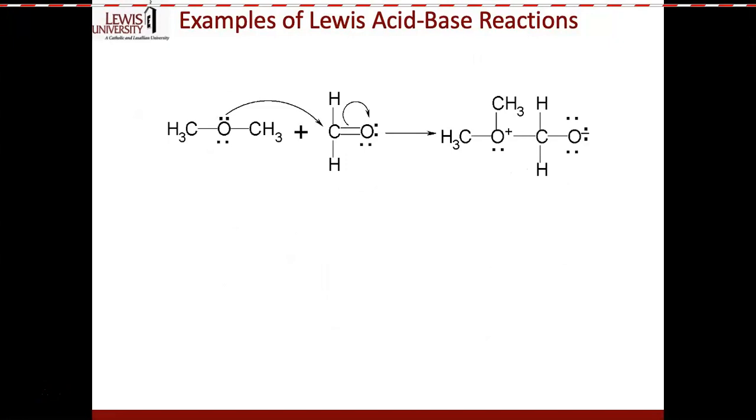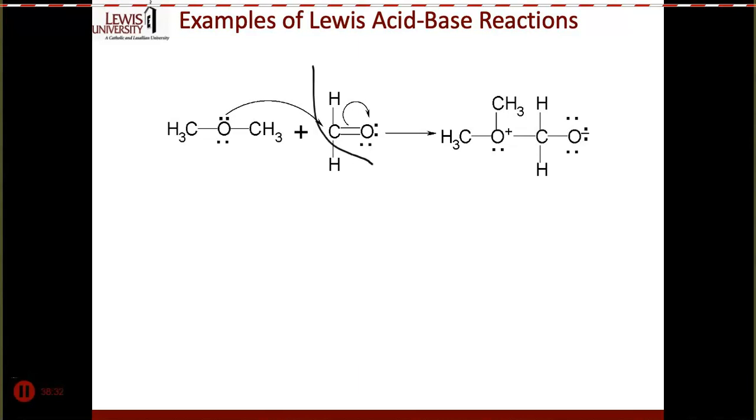We could look at other molecules such as a carbonyl. A carbonyl is a molecule that has a C double bond O. Because you have this double bond connected to a really electronegative oxygen, it's going to be electron poor, and so the Lewis base can readily attack that.